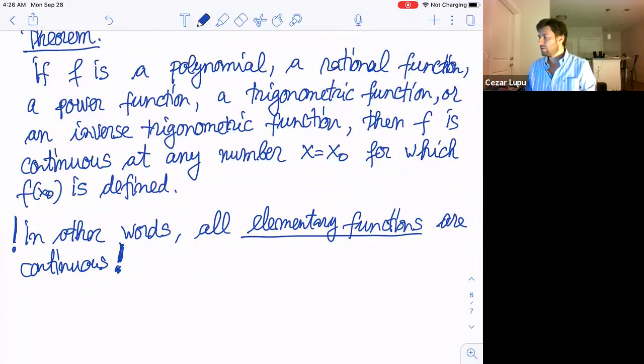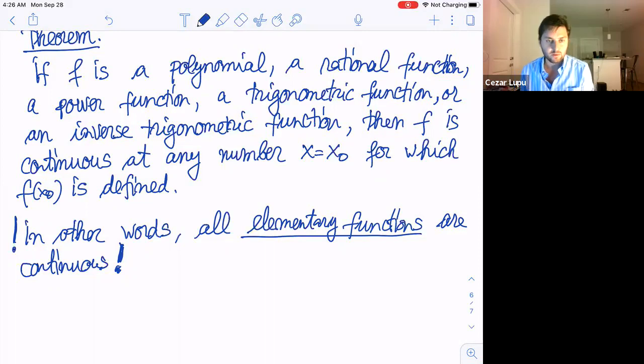And now we would like to see what kind of properties we have for continuous functions when we operate with them, such as if I have the sum of two continuous functions, is the sum still a continuous function?